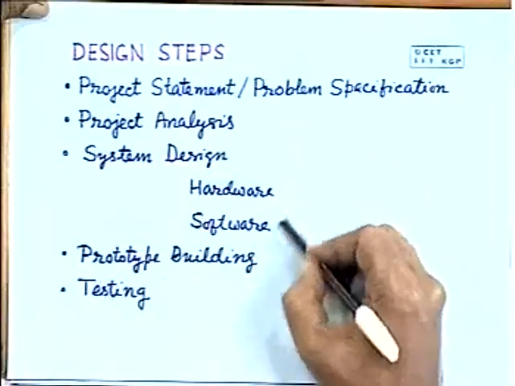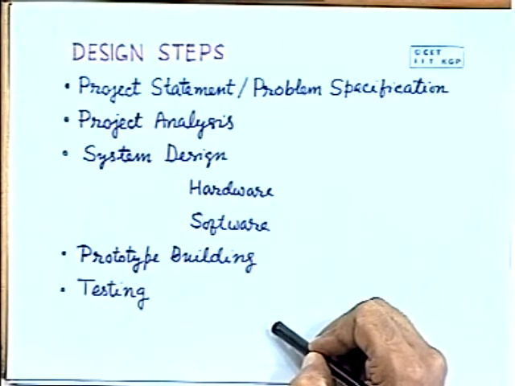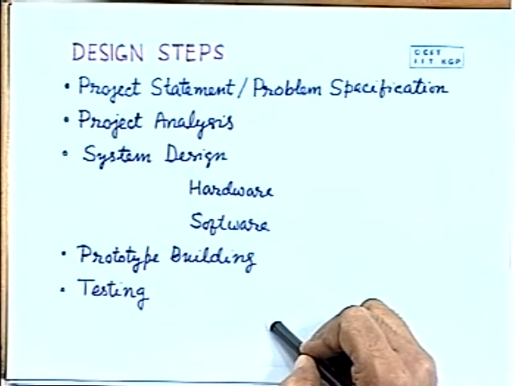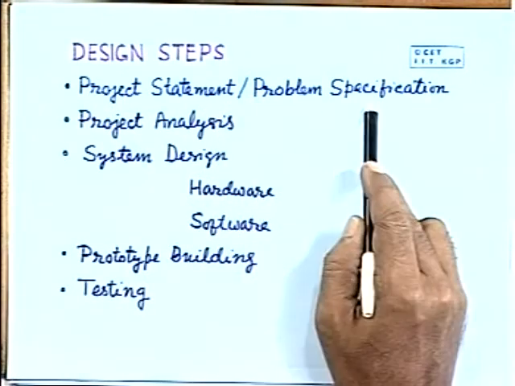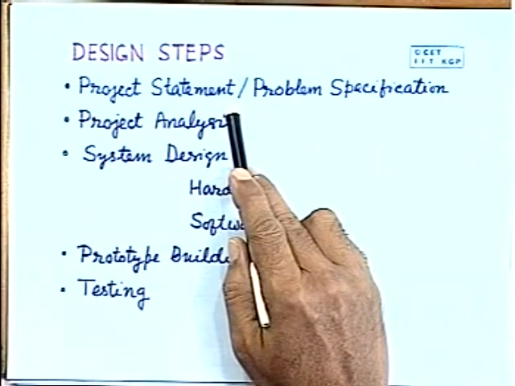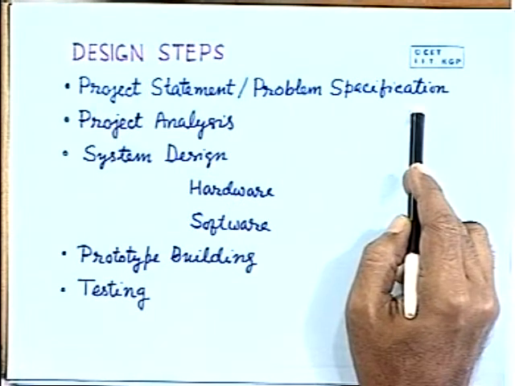Whenever you design a complete system, you have to follow a number of steps so that in a systematic manner you can build the system. The first point that you have to consider is the project statement or problem specification.